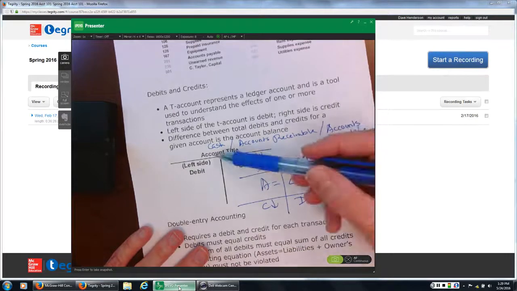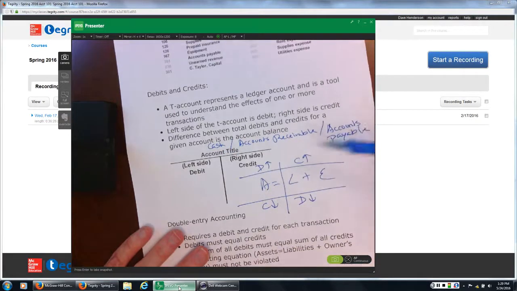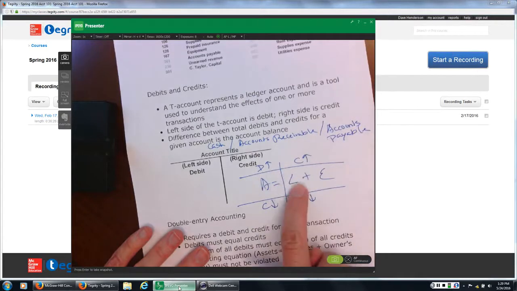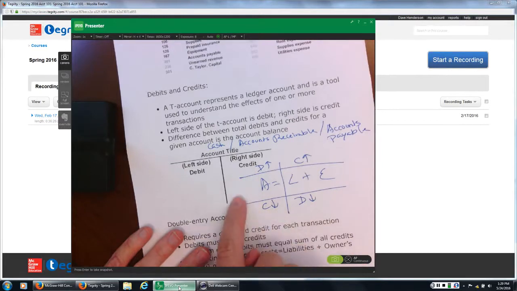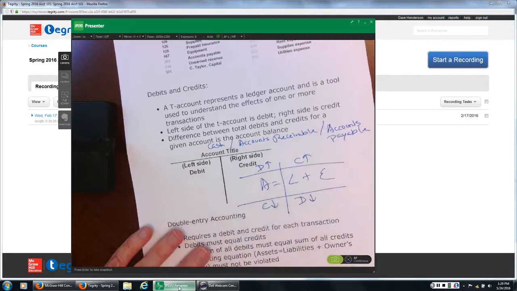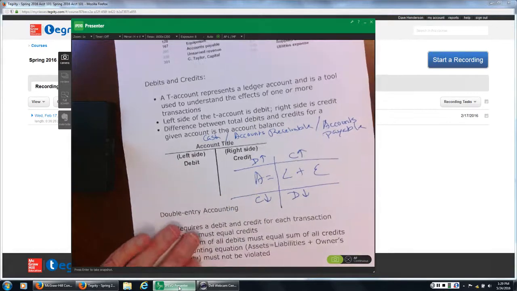If this had been the account title accounts payable, all the credits would be increases in accounts payable, because accounts payable is a liability, and the way I increase a liability is with a credit. So all credits are increases to accounts payable, and all debits would be decreases to accounts payable. Okay?